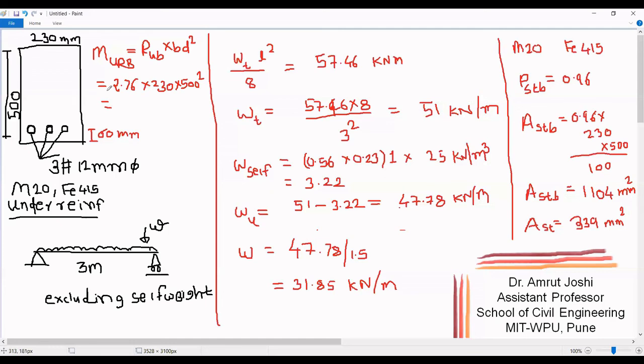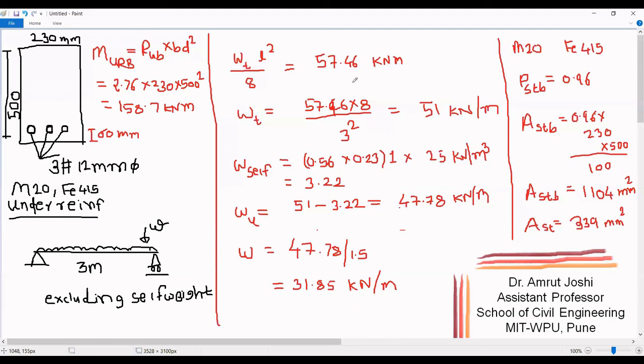This works out to be 158.7 kilonewton meter. I have already converted this into kilonewton meter by multiplying this by 10 power minus 6. So 158.7 kilonewton meter. And what is the moment of resistance of this cross section?